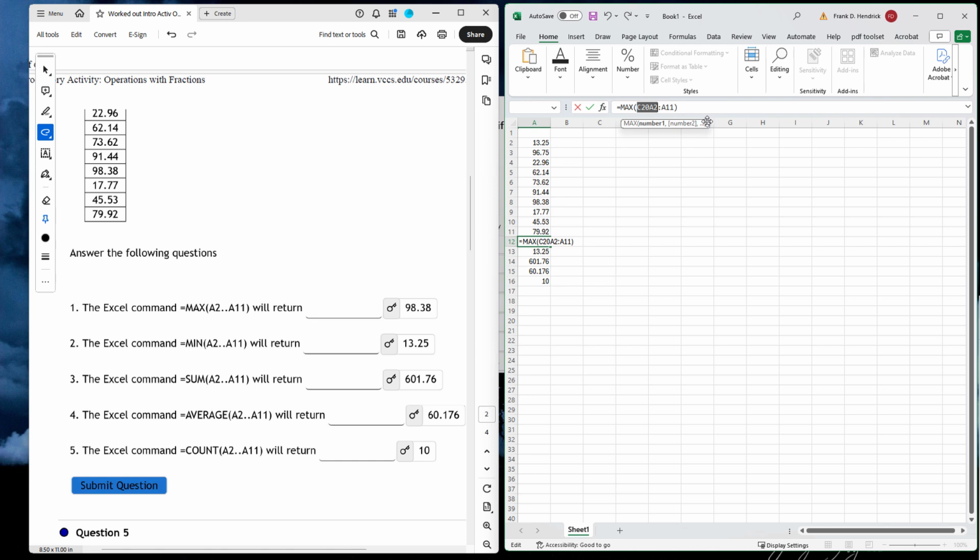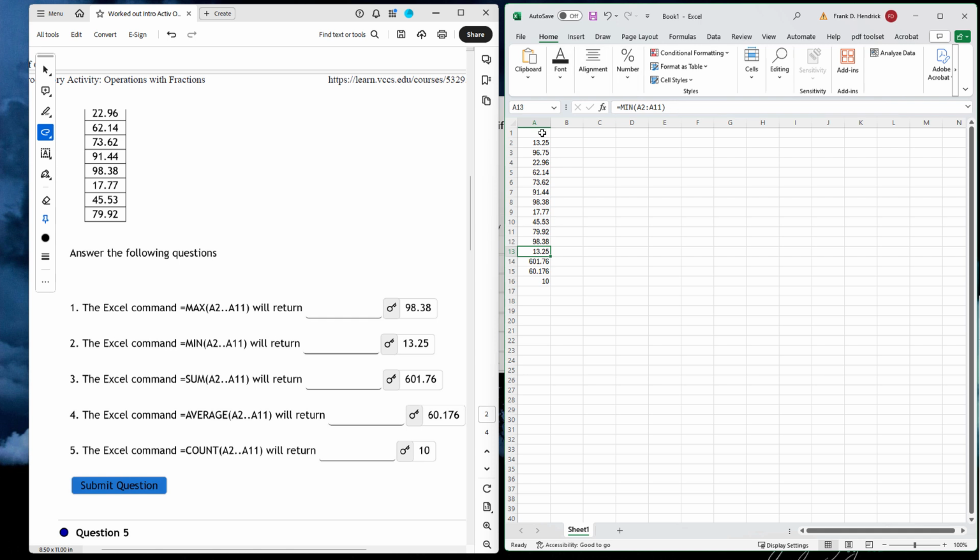Let's see if we can fix that. A2 colon A11, close parentheses, and that gives me the max function. There, fixed. Alright, and that's how you go about doing question number 4.